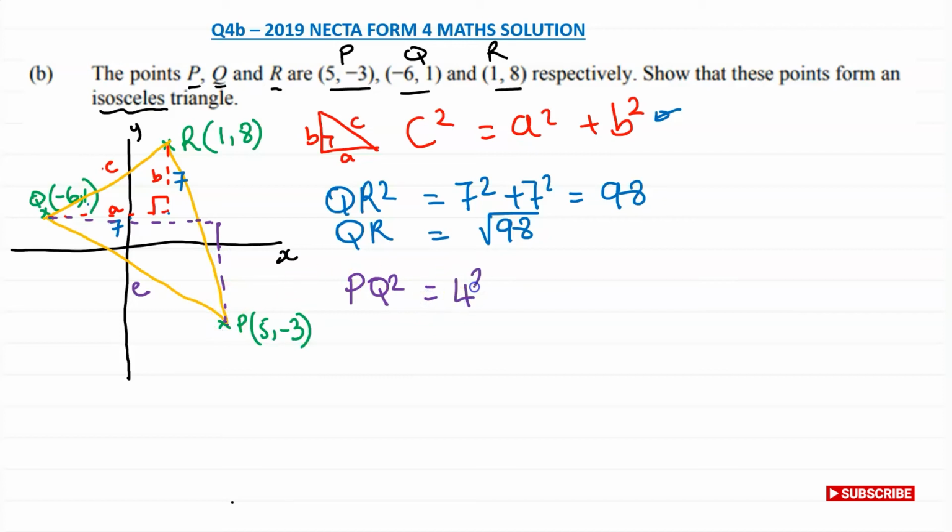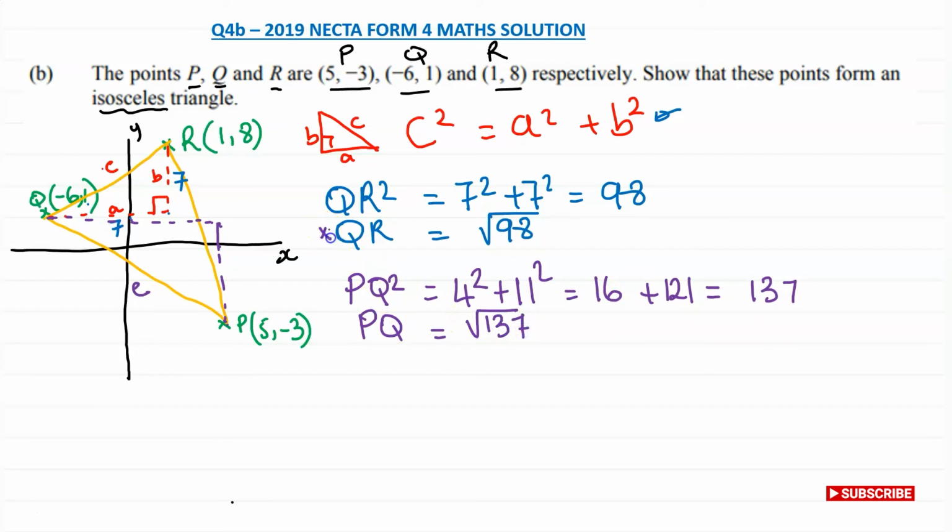So 4 squared plus the horizontal side: -6 to 0 is 6, and then from 0 to 5, so 6 plus 5 is 11. So 11 squared. Again, this is 16 plus 121, which is equal to 137. So therefore PQ is equal to the square root of 137.